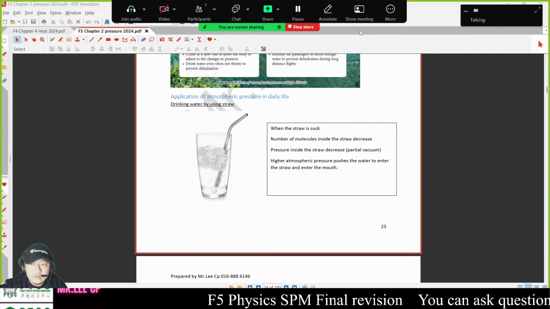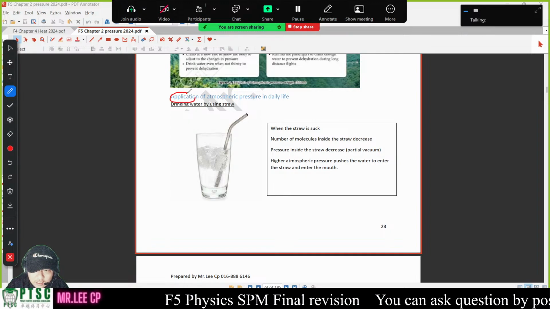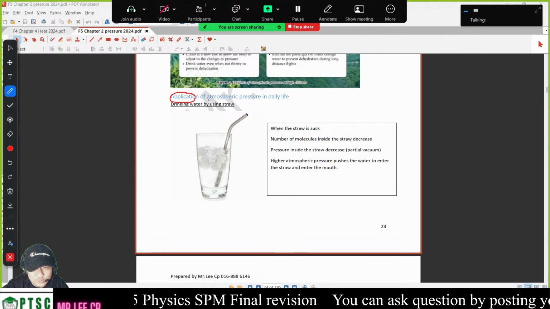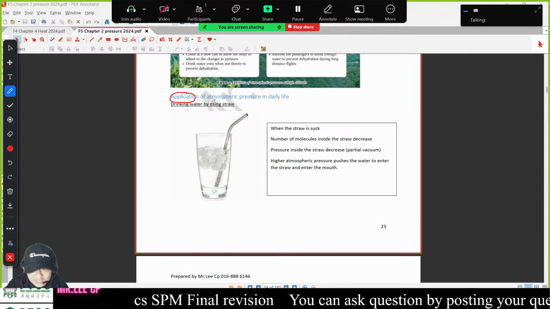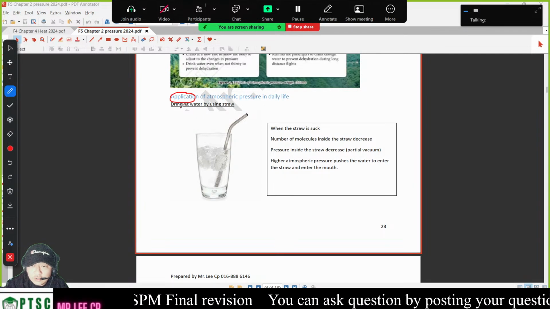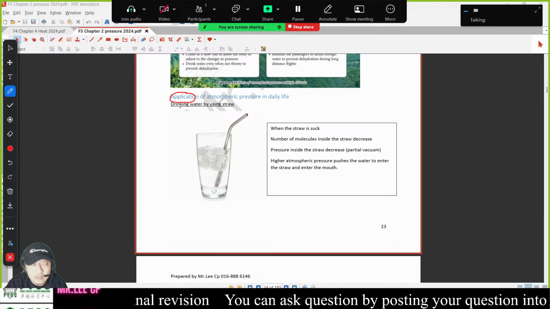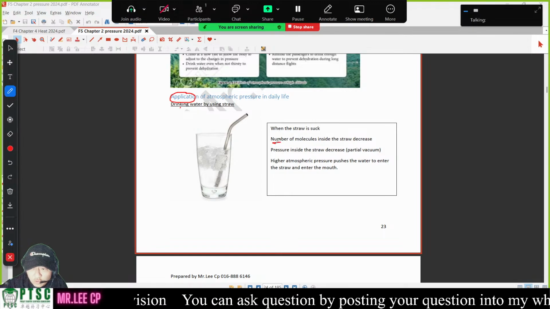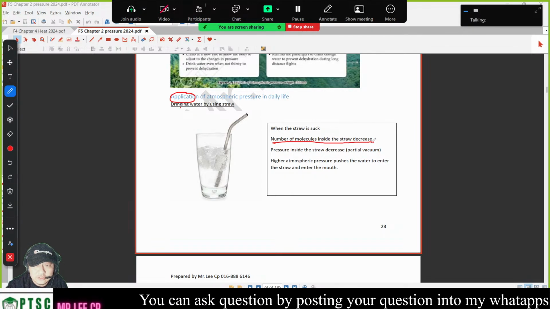Now this one, very high chance to come out in the application, in the 4-mark question. How will they ask? They'll ask you how do you drink water, for example, here. Normally this one has no mark, I put it here because there are not enough marks.